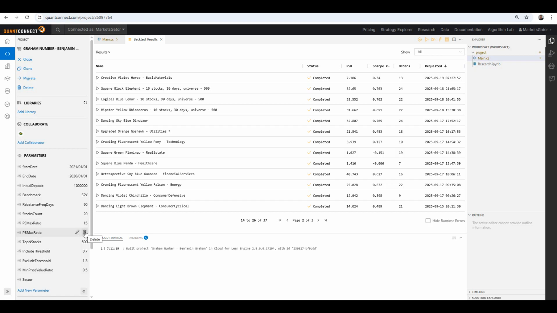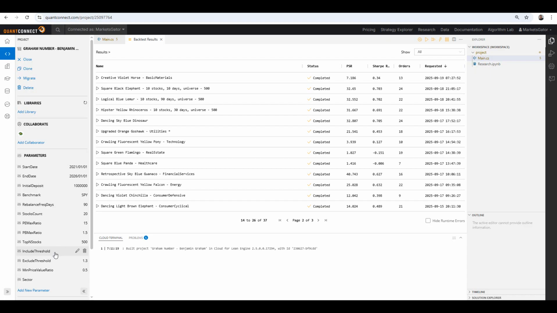PE max ratio and PB max ratio. These are the 2 values used to receive the constant of 22.5. Size of our universe? 500 stocks. Inclusion threshold, the value of price to value ratio when we treat a stock as undervalued, setting to 0.7, and exclusion threshold. When the ratio is above 1.3, the stock is treated as overvalued.